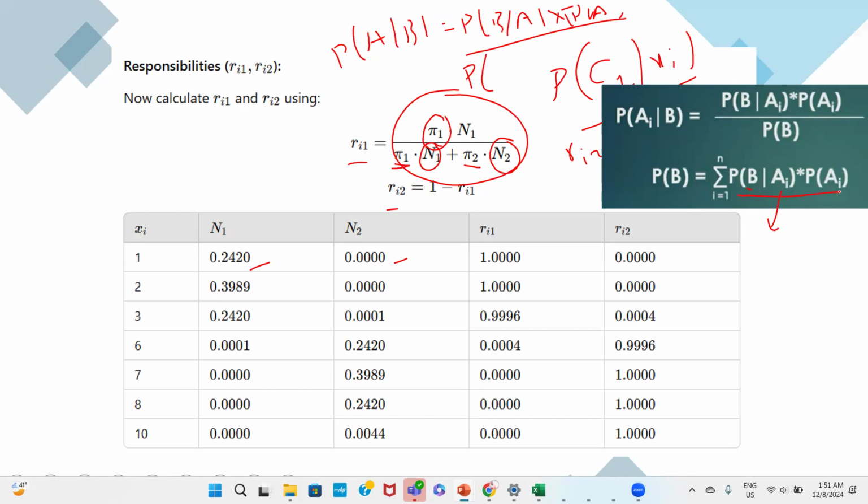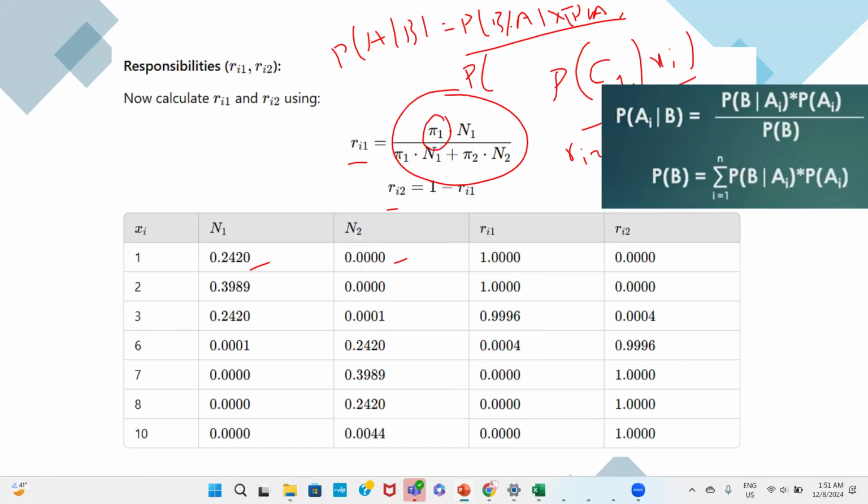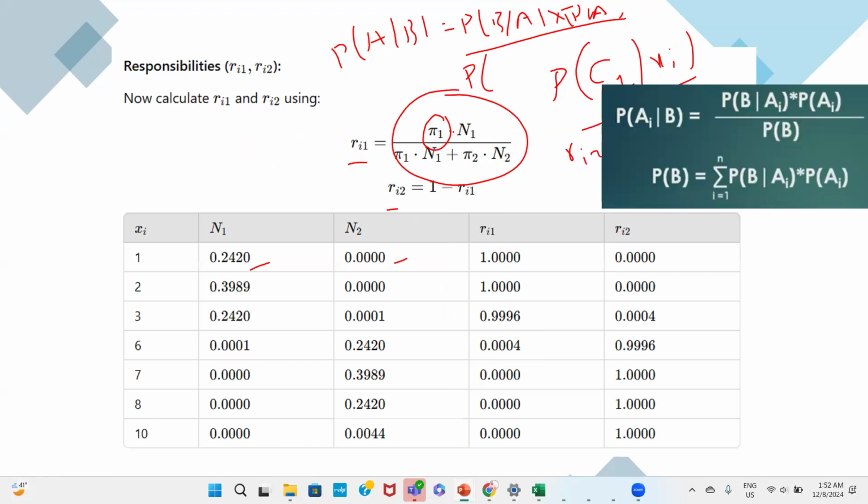This is nothing but the posterior probability, that means the probability of point xi belonging to cluster Ci. So that is what we are trying to calculate, the responsibilities. Responsibilities are nothing but the posterior probabilities according to the Bayes theorem. Now we know N1 and N2, we know pi 1 and pi 2.